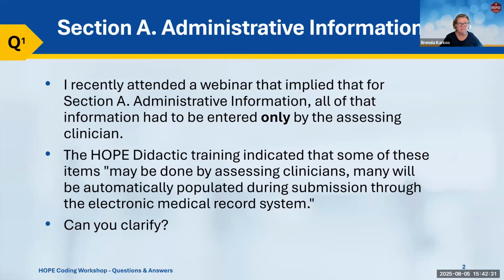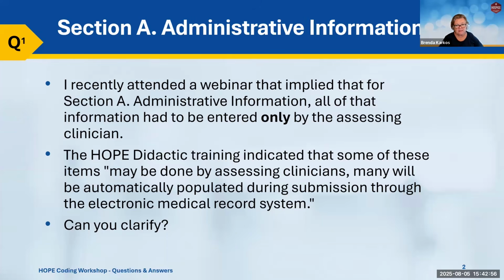Yeah, sure. I'll take that. So for those of you who are familiar with the current hospice item set, many of the HOPE administrative items are exactly the same as you heard. Depending on your electronic health record, these can be auto-populated. There is no need, for example, for the RN to input the date of birth and the patient's social security number. More chance of error that way in general.